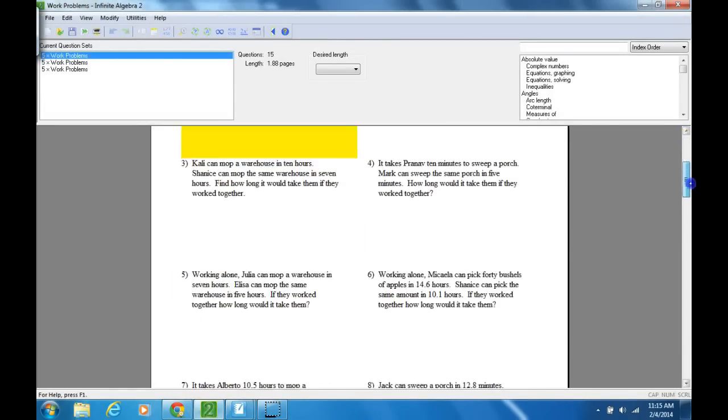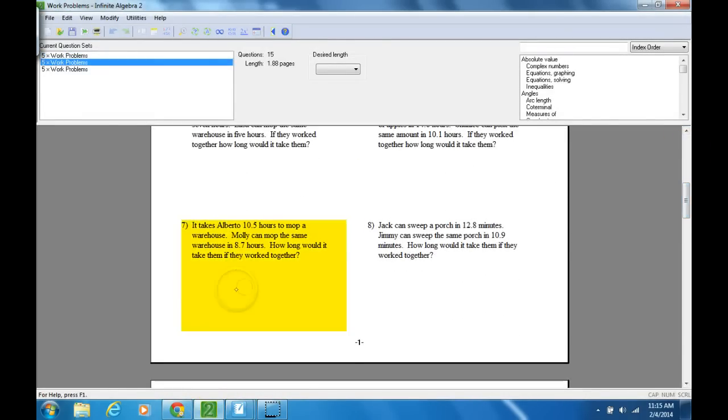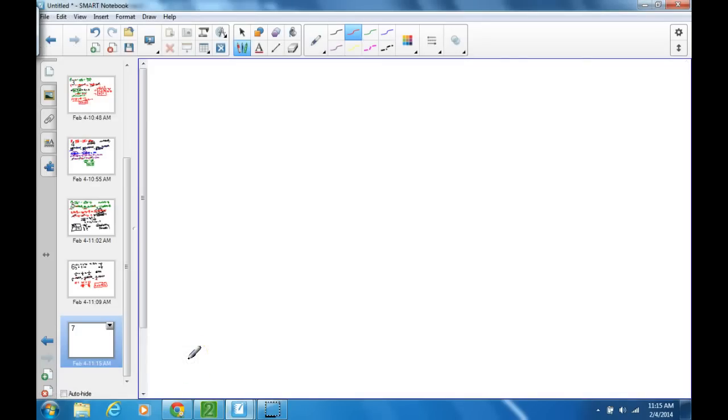Number 7 says it takes Alberto 10.5 hours to mop a warehouse, and Molly can mop the same warehouse in 8.7 hours. How long would it take them if they worked together? So it's the same process. Alberto does this in 1 hour. What's his rate? 1 over 10.5.